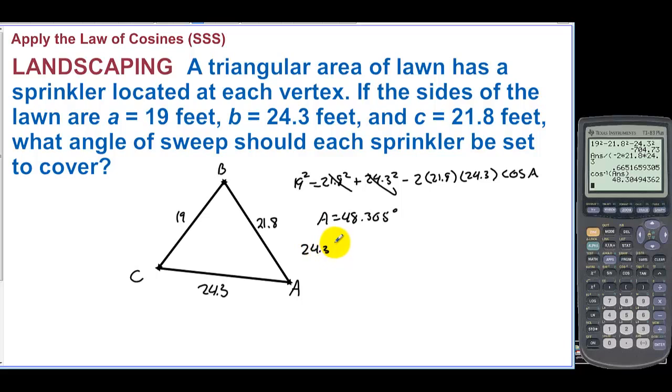So 24.3 squared is equal to 21.8 squared plus 19 squared minus 2 times 21.8 times 19, and then cosine of B, since I used 24.3, so we're finding angle B. 24.3, actually we've got to square that, squared minus 21.8 squared, again I'll remember, and then minus 19 squared.